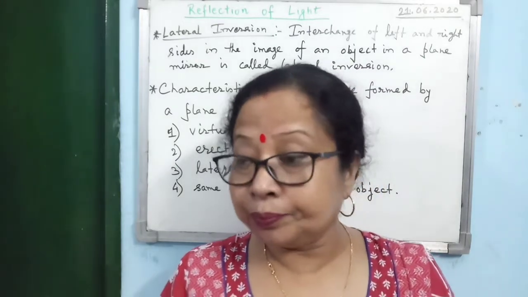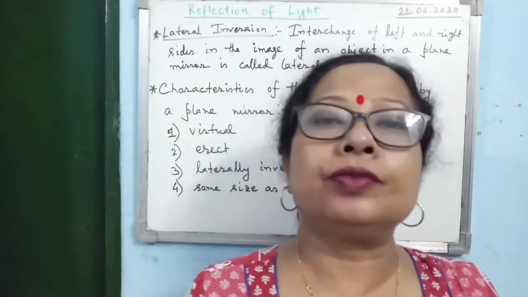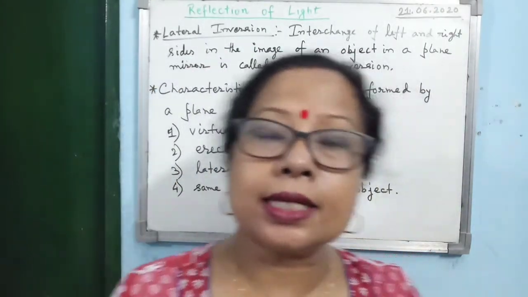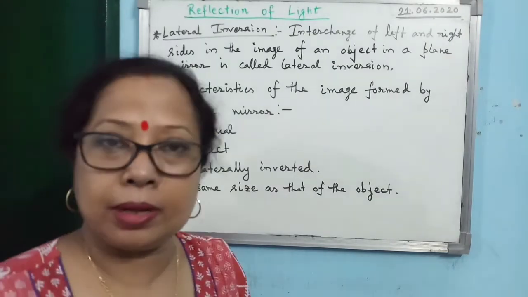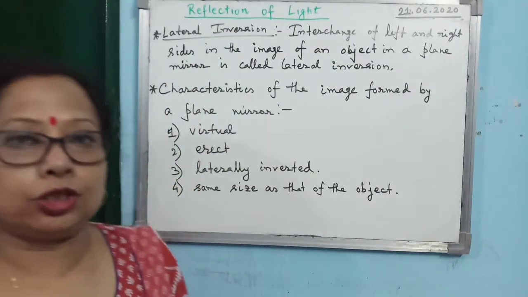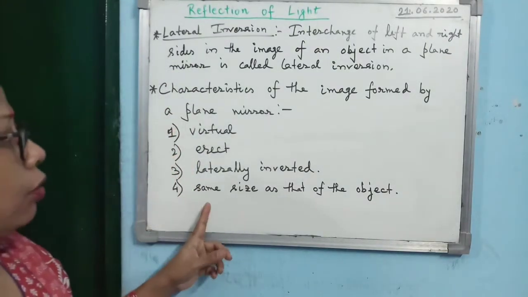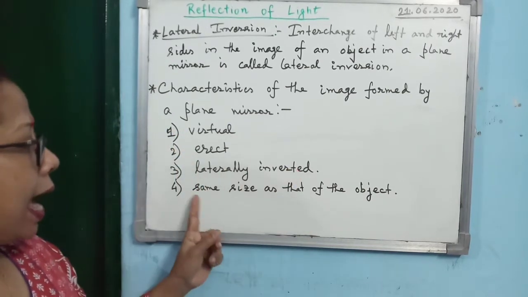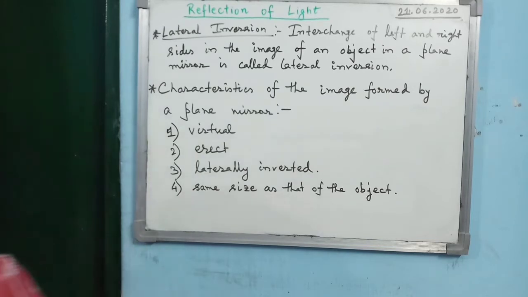Favorite topic of the examiner, so you must learn this. That image is virtual, erect, laterally inverted and the same size as that of the object. Point-wise you must note it down.